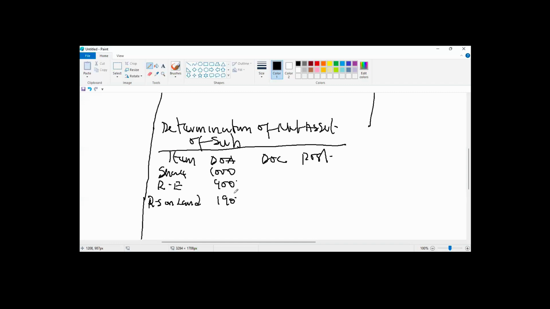That means from 800 to 820 as at what date? Date of consolidation, 31st December. This is the date he acquired, which is 1st January. Date of acquisition, and the date we are consolidating, 31st December.